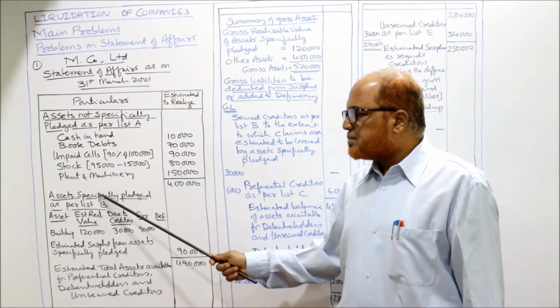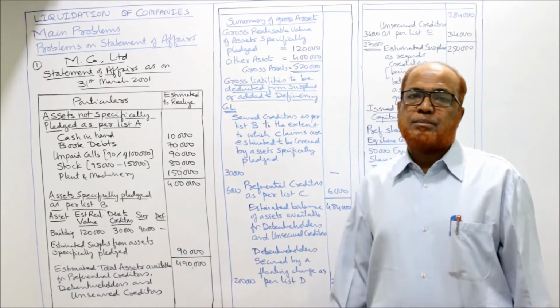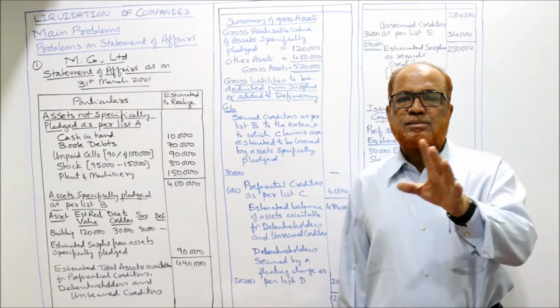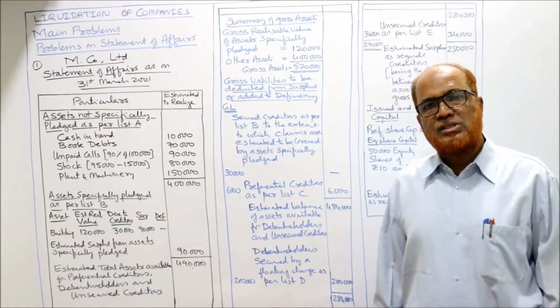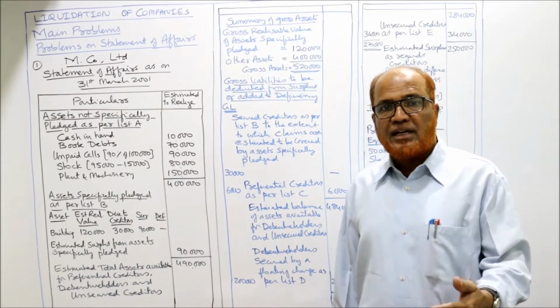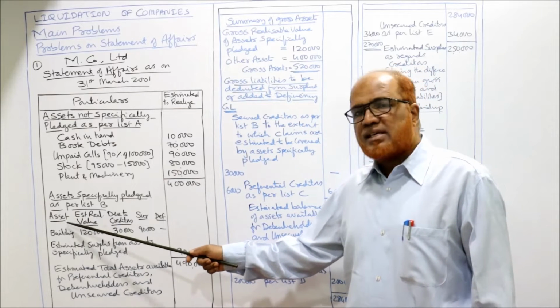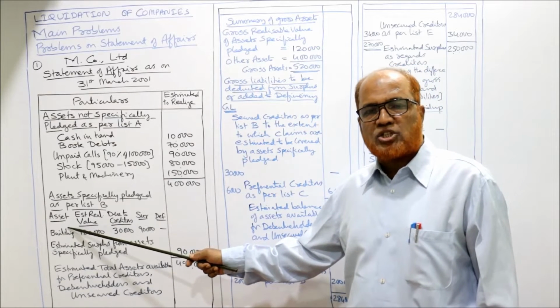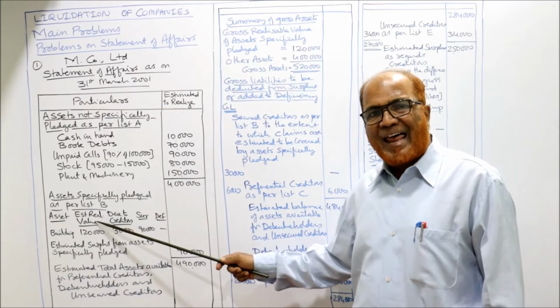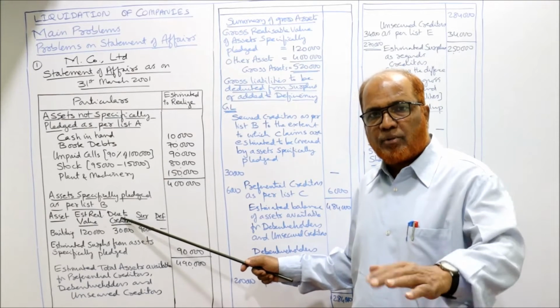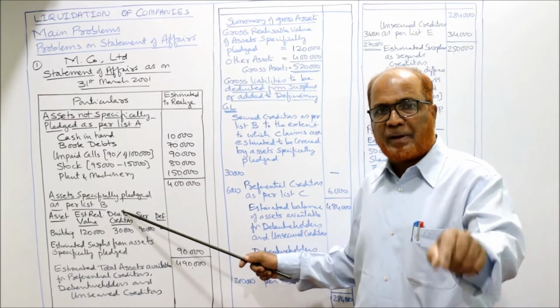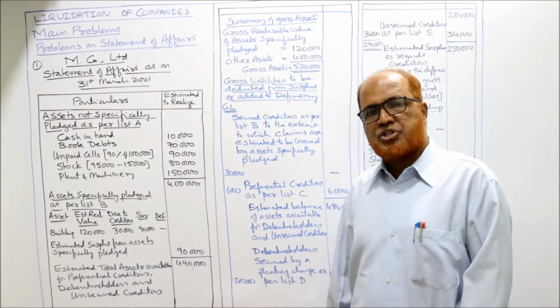Now assets specifically pledged as per list B. Only one asset is pledged, that is building. Here we have to write the detail regarding those assets. What are the details? Which asset was pledged, and realizable value of that asset pledged. Due to creditors, how much amount is due to the creditors on this pledge, and surplus or deficiency.